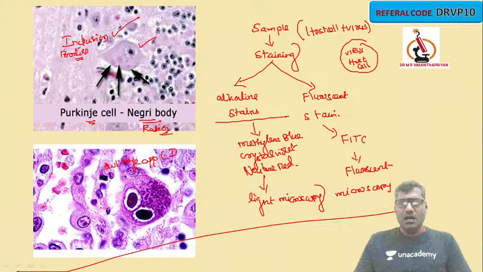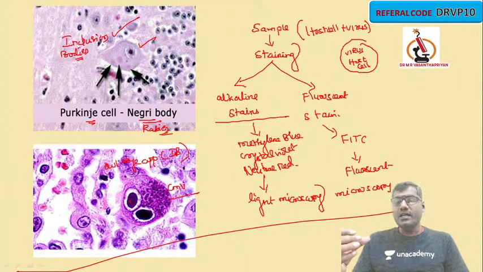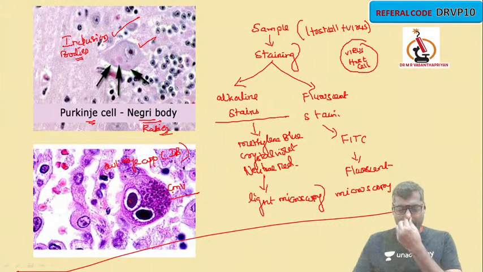This is called the owl eye appearance of inclusion body, which is very classical for cytomegalovirus, because the virus itself is called cytomegalo. That means it will be enlarging the host cell. The host cell size will be enlarged during the viral infection, so the virus is called cytomegalovirus. So the owl eye appearance is very classical for diagnosis of cytomegalovirus.